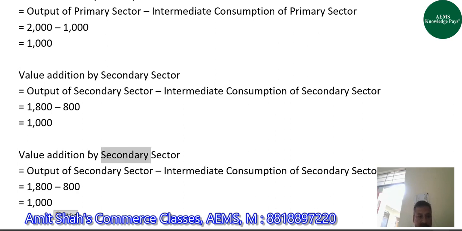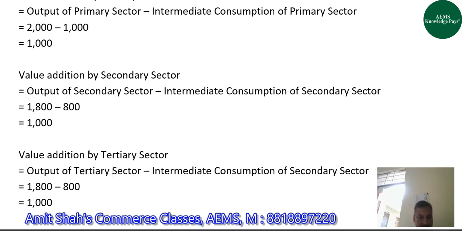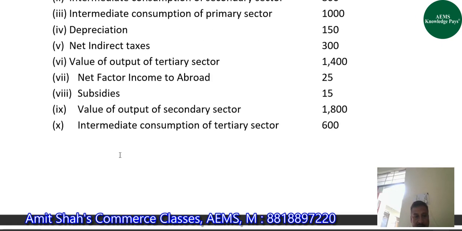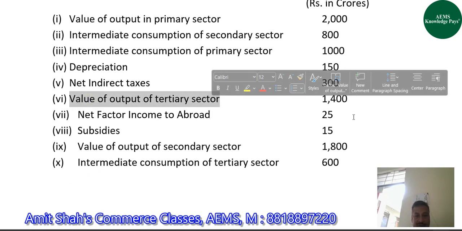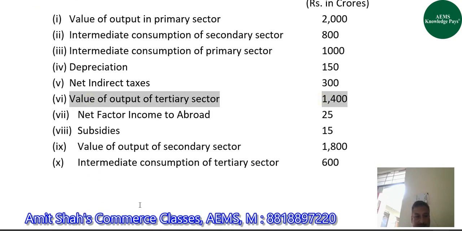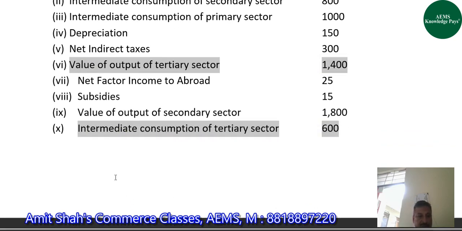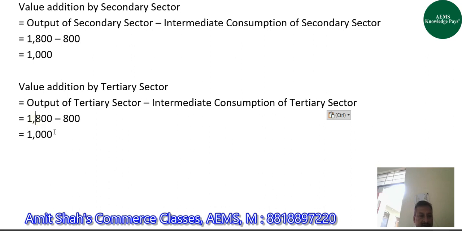Then value addition by the tertiary sector, that is output of the tertiary sector minus intermediate consumption of the tertiary sector. Output of the tertiary sector is 1,400 crores and intermediate consumption is 600 crores. So 1,400 minus 600 is 800 crores.